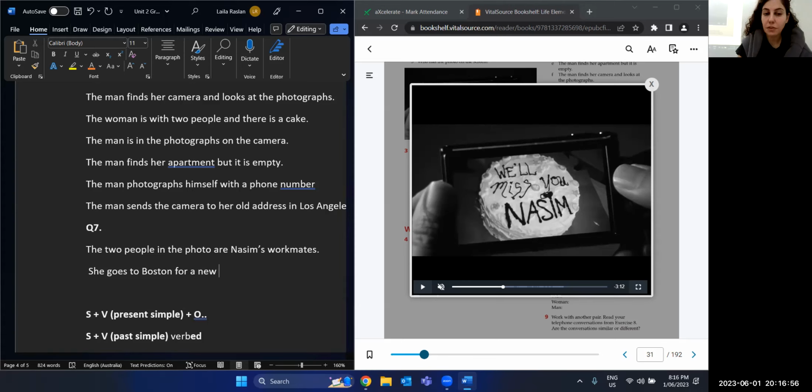She already has a job, for a new job. Yeah, for a new job opportunity. Yeah. Any other sentences? It can be something different. Maybe she has to go to Boston to take care of her grandmother. Could be anything. Does anyone have another sentence they want to practice? Does anyone want to write or say a sentence?